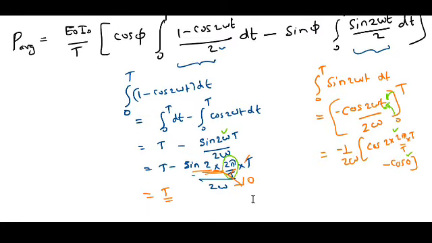Then this is equal to minus 1 by 2 omega. This is cos 4 pi, and cos 4 pi is equal to 1. Then cos 0 is also 1. Then this term finally goes to 0.